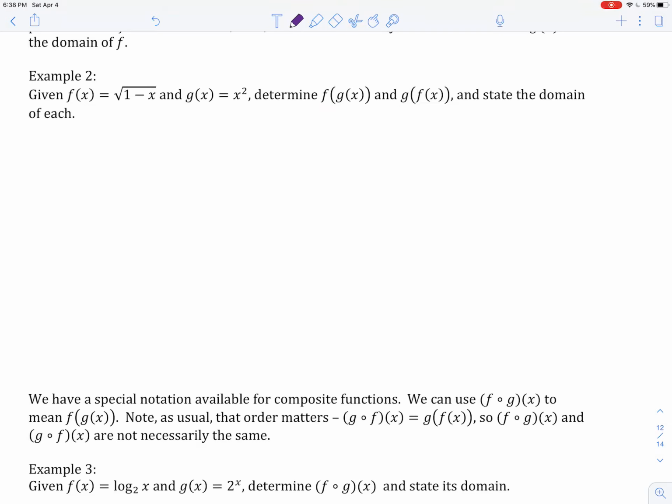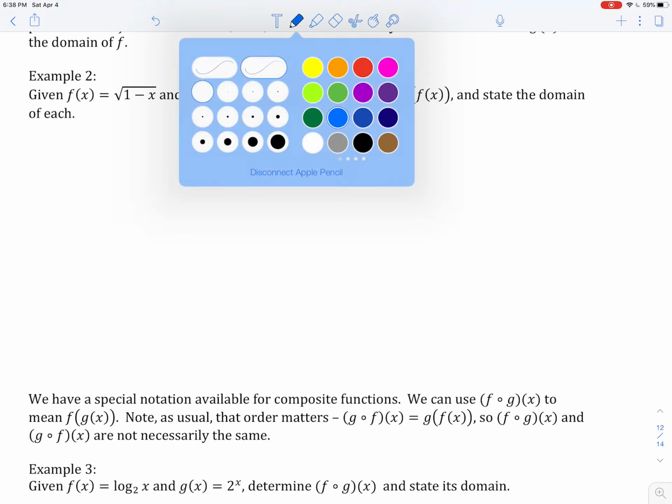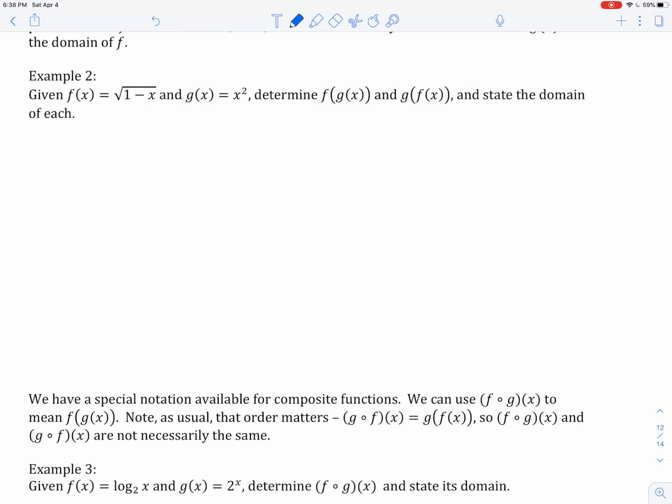In the first case, we have f of g of x equal to something. What I'm going to do first is replace g of x with x squared.